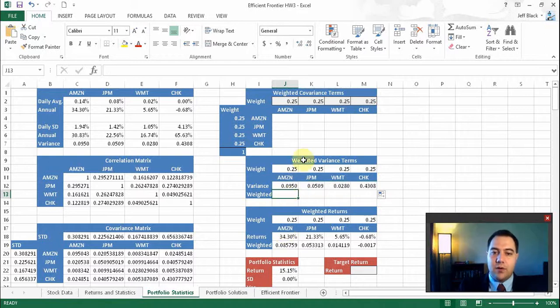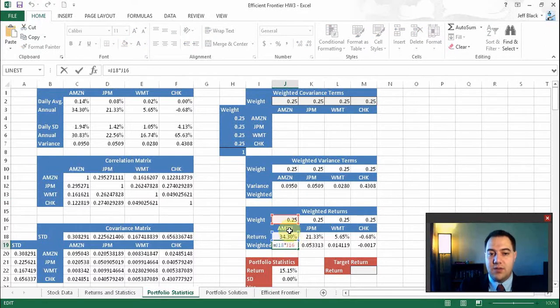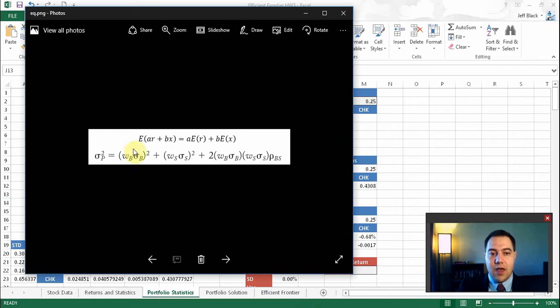And now for my weighted variance terms. When we did weighted returns, we just multiplied the weight times the return, all right? When I'm doing the weighted variance terms, however, I'm going to want to square that weight, because we have the weight squared times the standard deviation squared, or the weight squared times the variance.